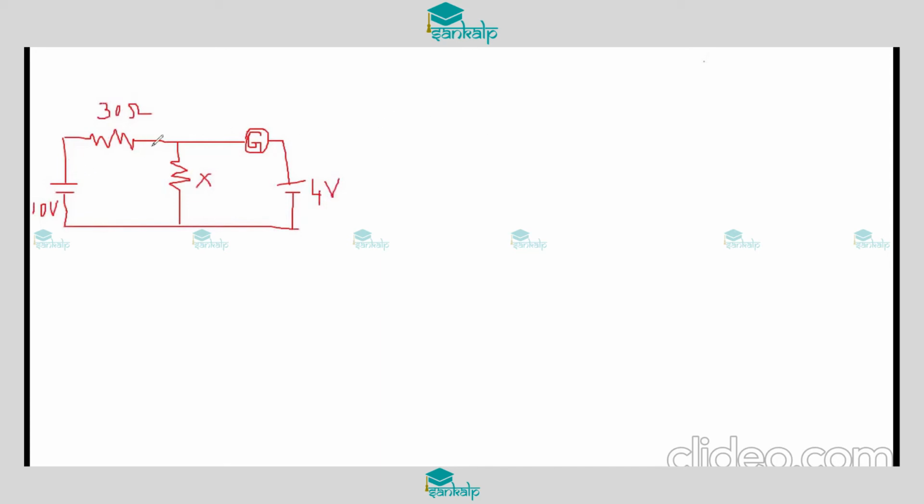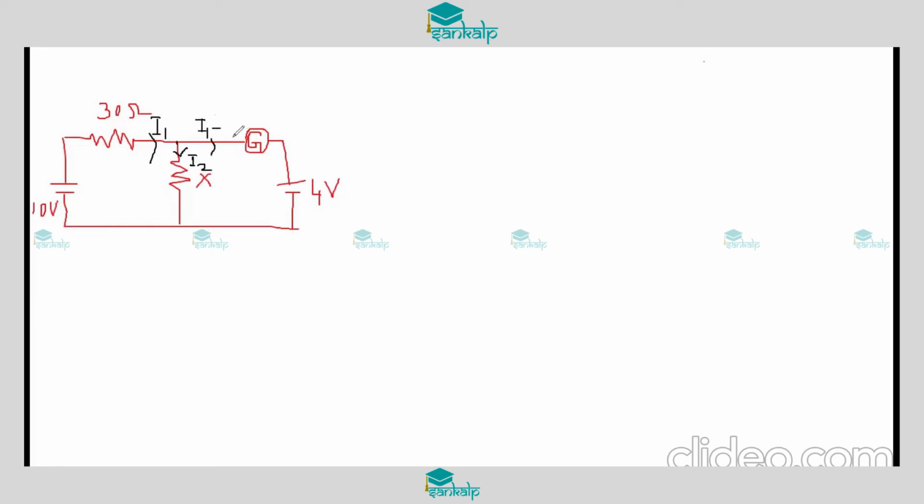Now first we'll look at the current flowing. From this part you will have the current I1 flowing. When it comes to this particular point, here it is I2. So at this particular node, current I1 is entering, I2 is leaving. So I can write I1 minus I2.